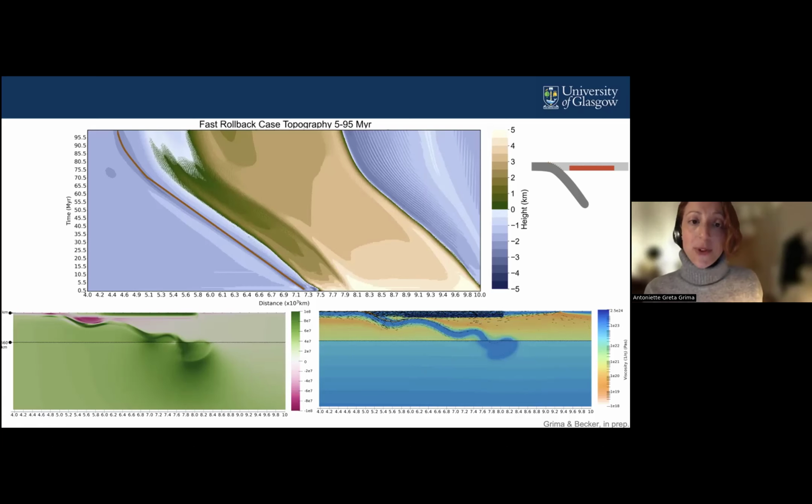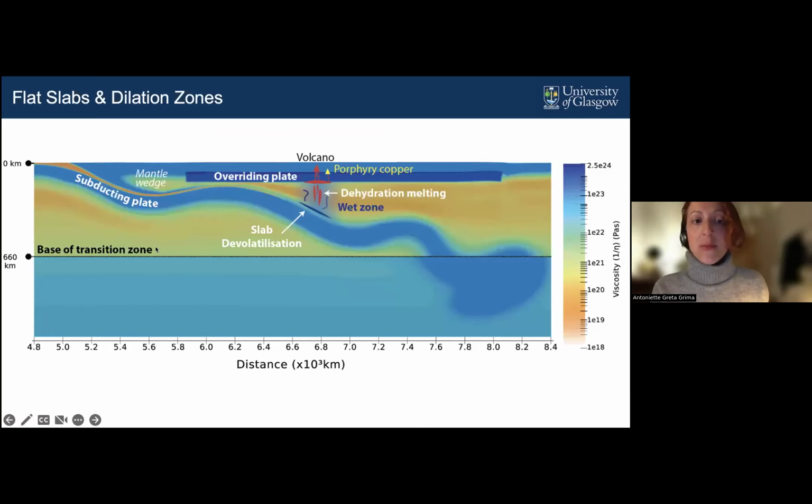And this is important because in these zones, we might be getting mantle material that might be getting hydrated from the slab devolatilization. And this might obviously have important consequences for volcanism, but also for critical mineral formation.